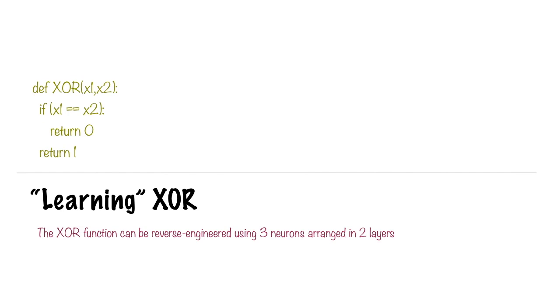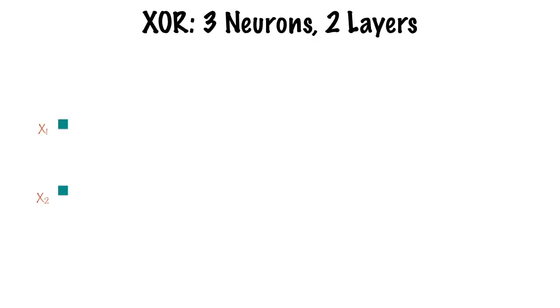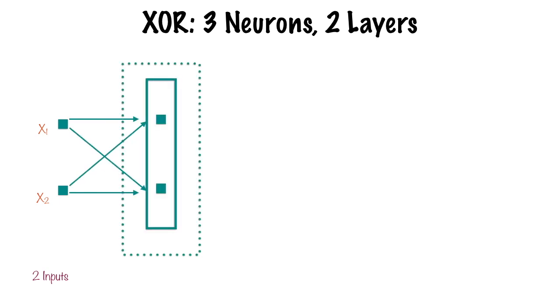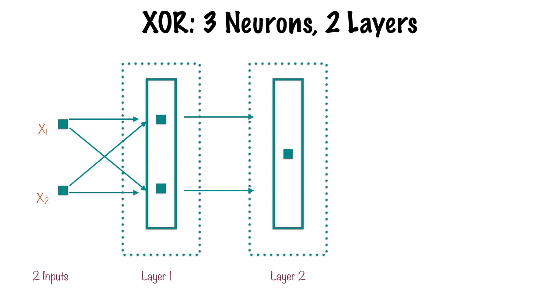This is a non-linear function, as we shall see, and so reverse engineering this requires a more complicated function consisting of three neurons arranged in two layers. Training such a network is already much more complex than training a single neuron, and so this is a training process which we will not really understand. The training will be handled for us behind the scenes by a framework like TensorFlow, but all that we know is that at the end of this process we will have three neurons which accept a pair of inputs.